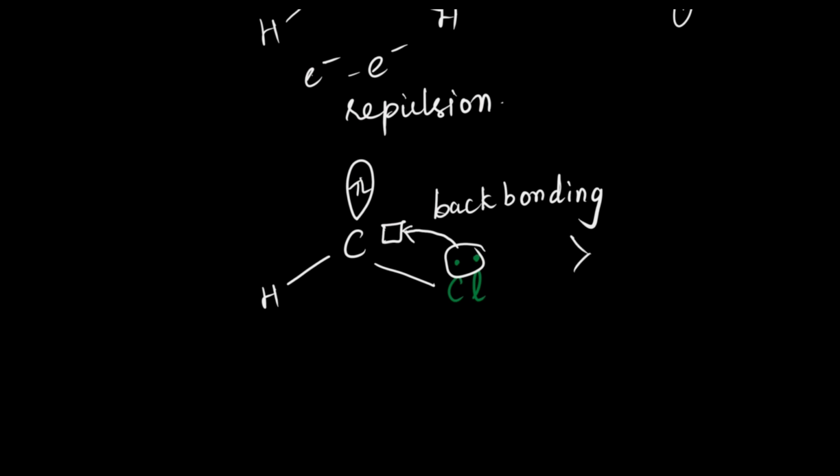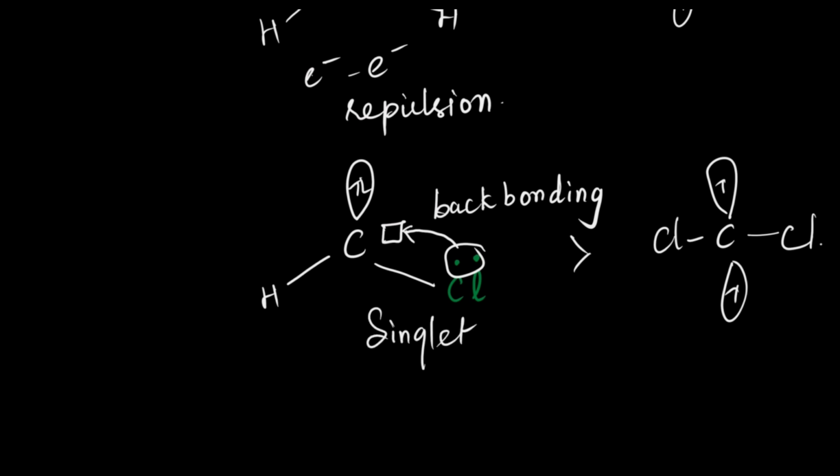That kind of stability will not happen in case of triplet, even if that is having Cl. So this makes the singlet more stable due to back bonding. If there is a back bonding possibility, then singlet is more stable than the triplet. So back bonding is nothing but p pi bonding.